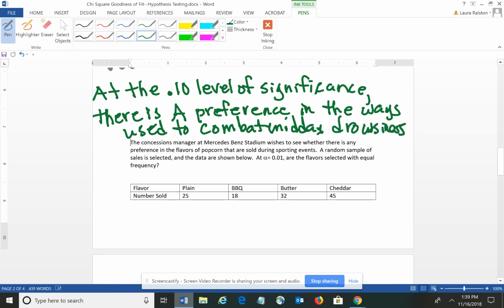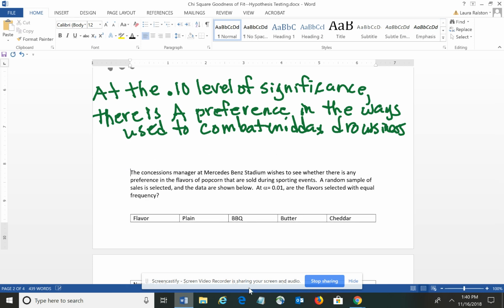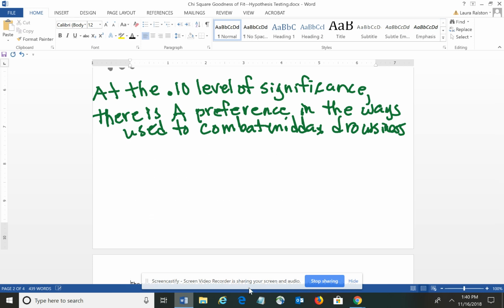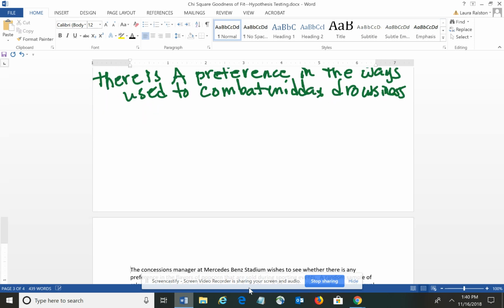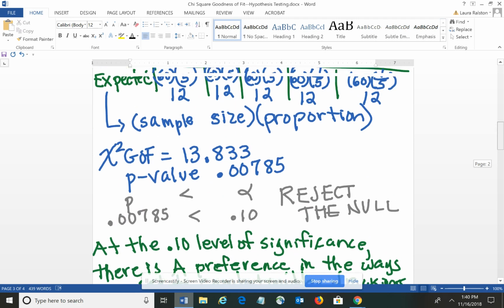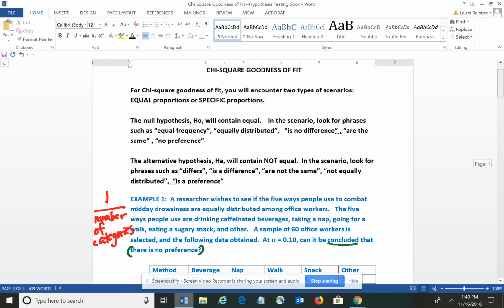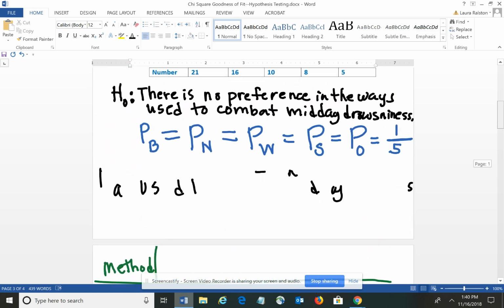Now, what chi-square goodness of fit does not tell us is which one of the methods is preferred. It would require a further test for us to make that decision. Okay, so this is one example of equal proportions for the chi-square goodness of fit test.